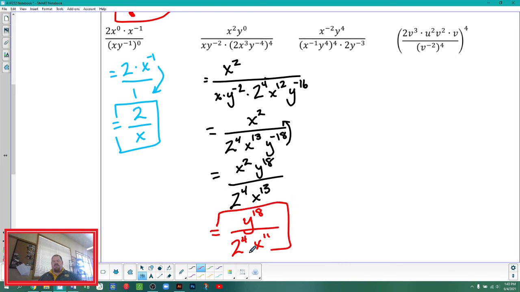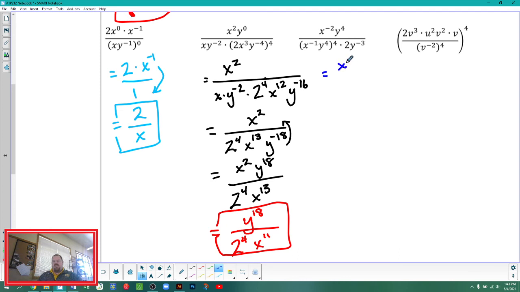Because if I were to do that subtraction, I'd get the negative 11 as the x exponent, and then I'd have to move it down below. This saves me a step, and there is nothing more I want to do in a problem like even this one than save some steps.